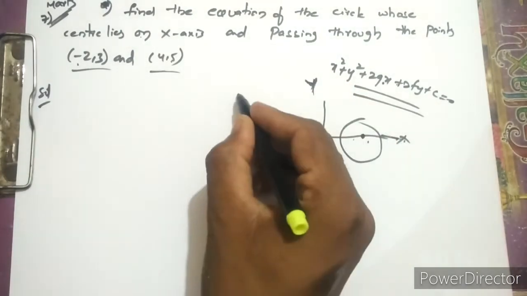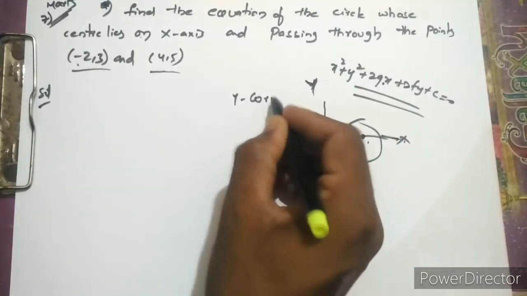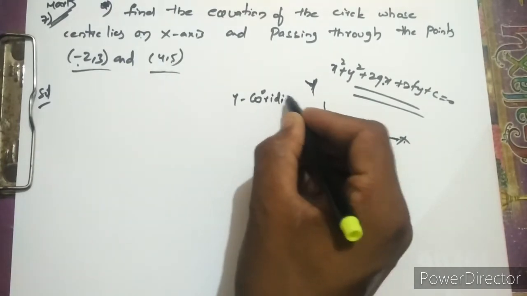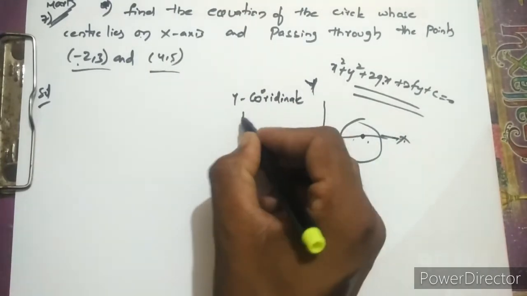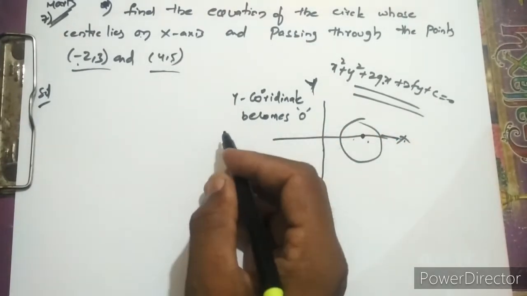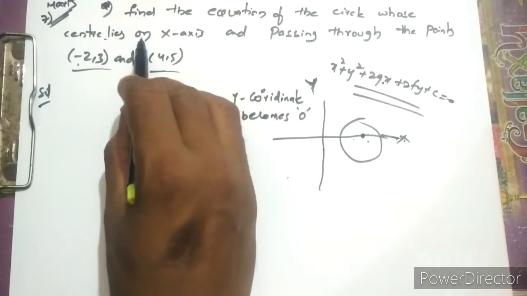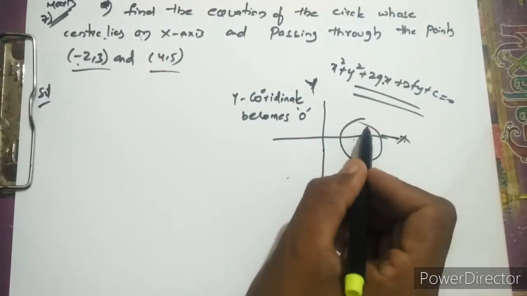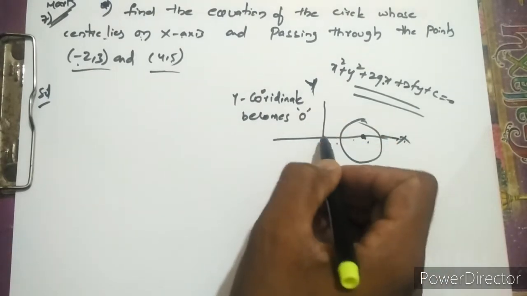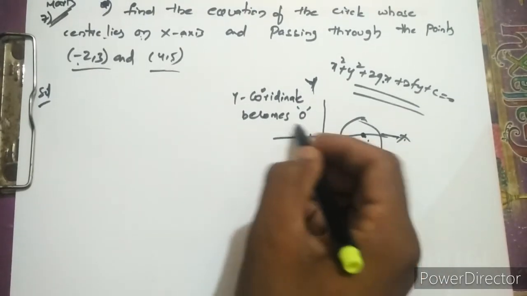Why does it become 0? Because the center lies on the x-axis. That's why the y coordinate becomes 0.